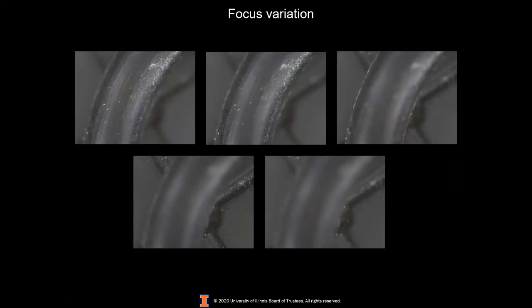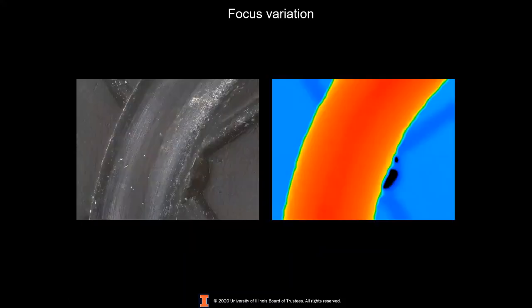As you can see in these pictures, as I move my lens towards the object, different parts of it come into focus. If we track each pixel that comes into focus, we can construct a topography map of the object. And this is what focus variation is all about.